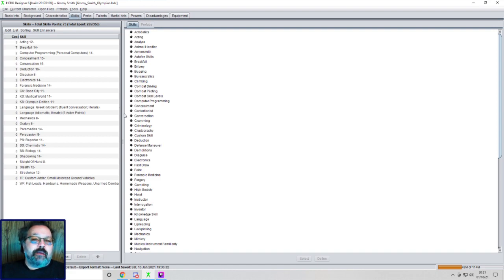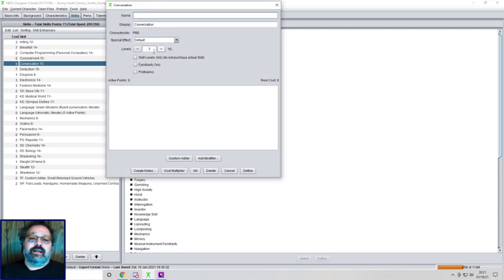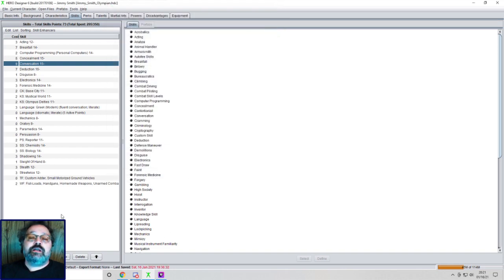Now, some changes I made from the first video on this. I added a few more skills, and I raised a few of them. Since he's in his normal form here as a reporter, I added some to his conversation skill. Bottom line, I added 3 levels to it to give him a 15 or less roll. That's on 3d6. In this system, you roll 3d6 and try to get under the skill level.